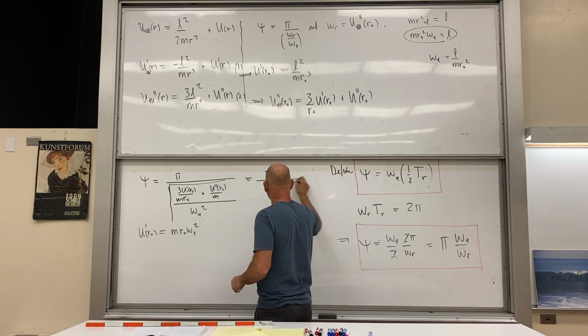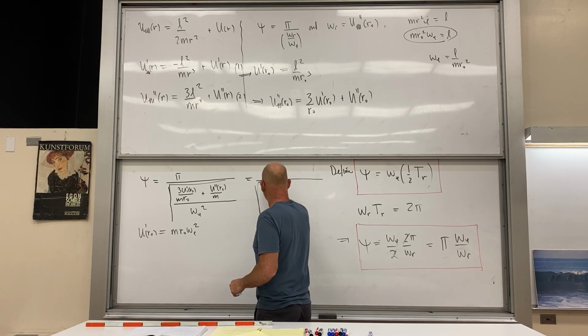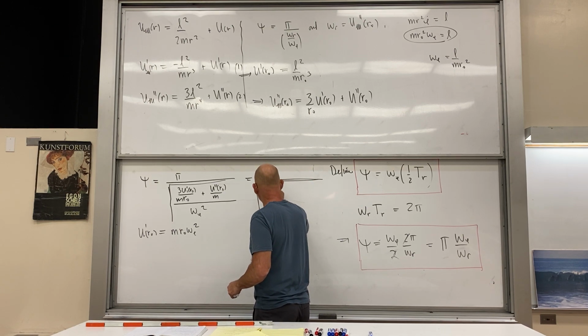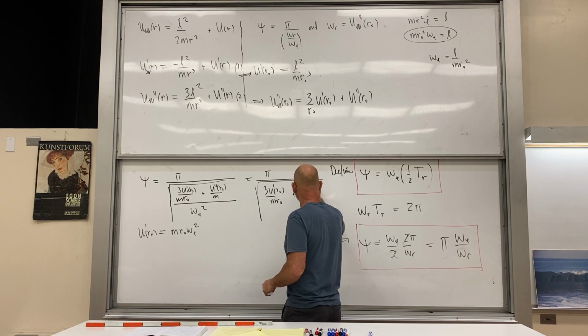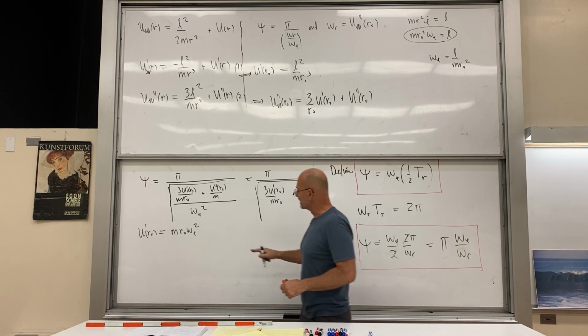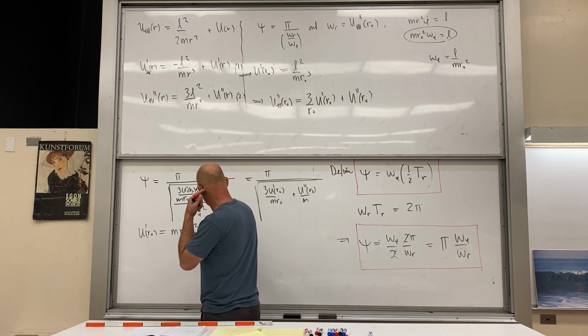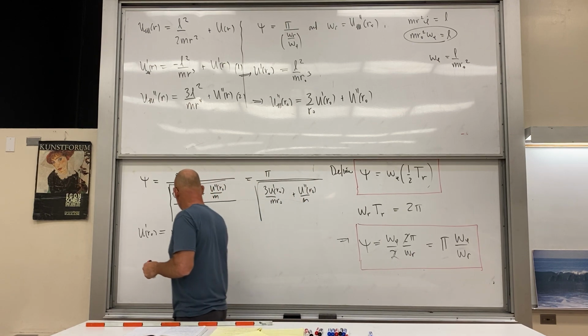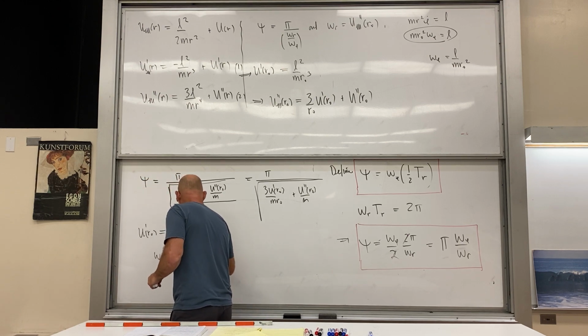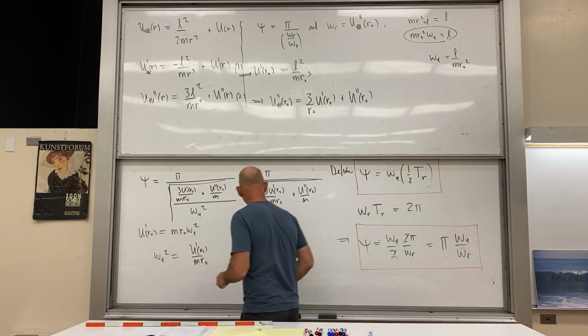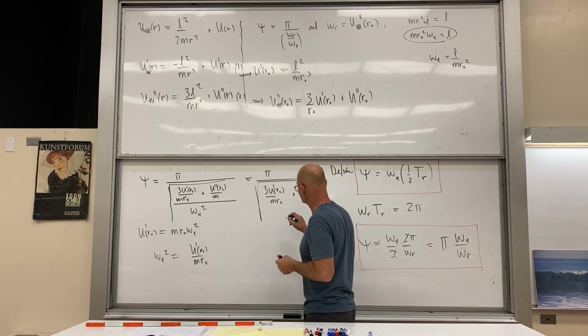So now we have pi square root of 3 U prime of R naught over m R naught plus U double prime of R naught over m. And then if we're going to divide by the omega sub phi squared, then omega sub phi squared is equal to U prime of R naught over m R naught. So that's what we substitute by.